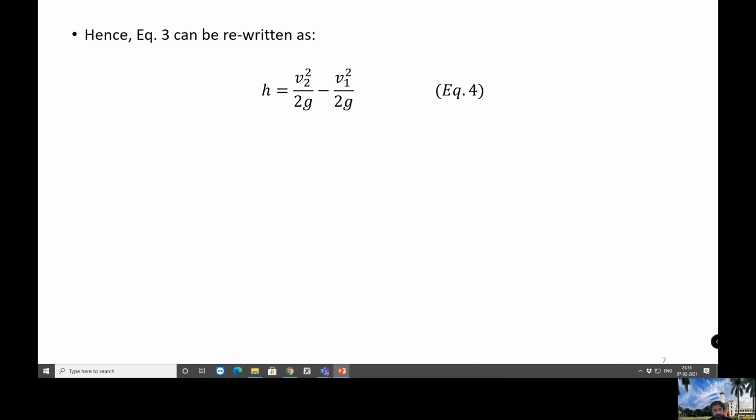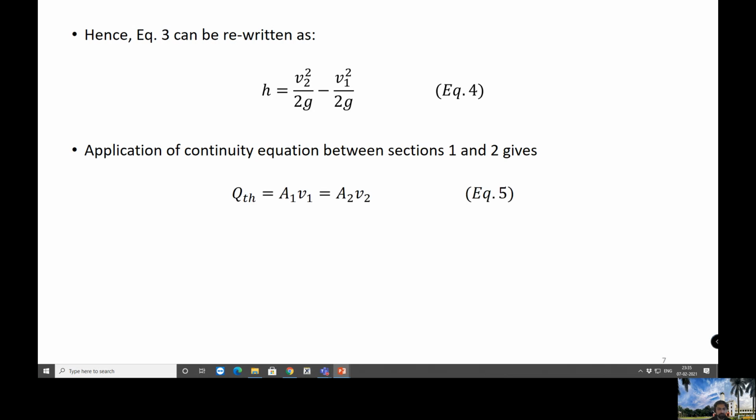So one thing that comes to your mind is, how do we relate V1 and V2? And for relating that, we should apply the equation of continuity between sections 1 and 2, which says that A1 V1 is equal to A2 V2, since we assume incompressible flow, meaning rho 1 is equal to rho 2. And this is the theoretical discharge. Q theoretical is nothing but A1 V1, which is equal to A2 V2.